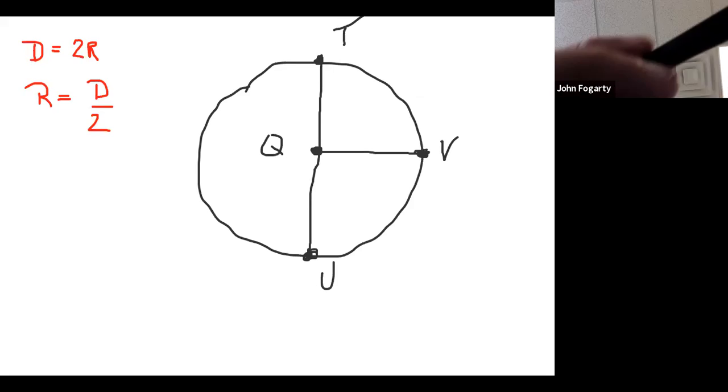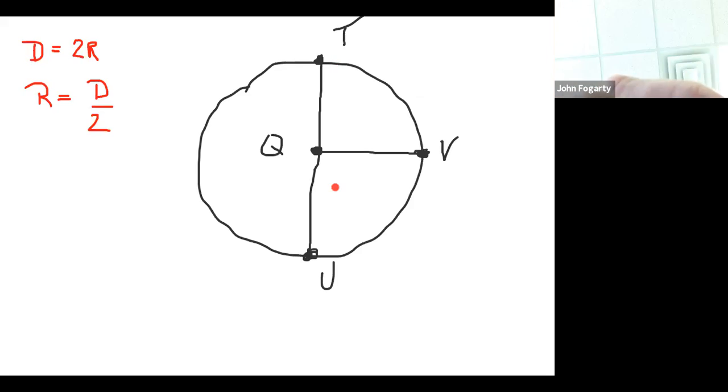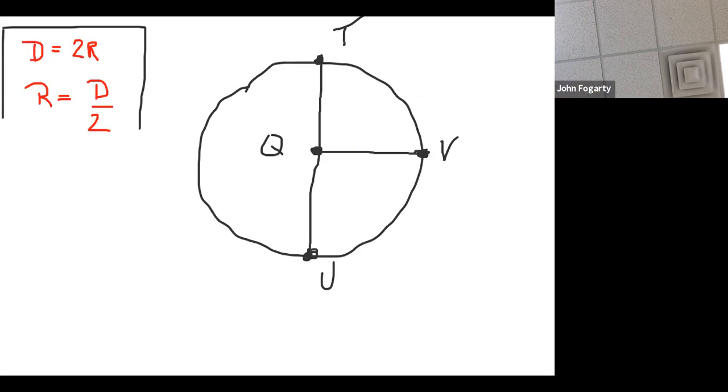You know it's a diameter because its 2 endpoints, T and U, are both on the circle. What do you know about QV? That's a radius, all right? So here's what I know about all of these segments. These have to be true. All righty? Does that make sense?